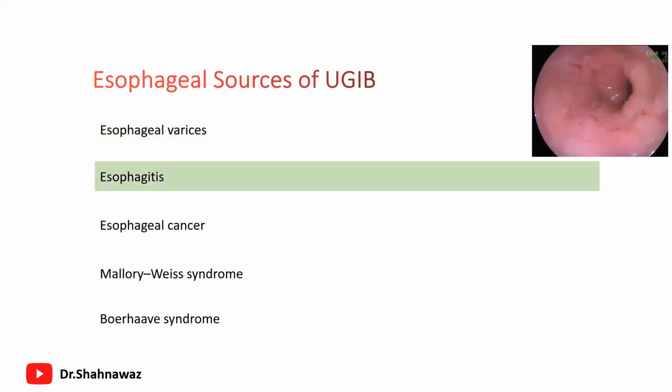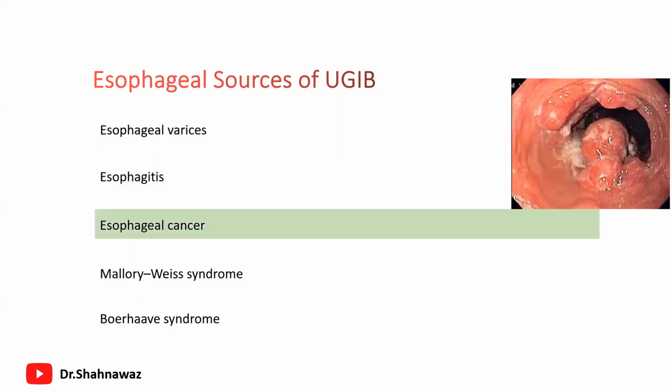As well, we see inflammation of the esophagus, which is esophagitis, and GI bleeding may be present as a complication of esophagitis. And tumors like adenocarcinoma or squamous cell carcinoma in the esophagus may result in upper GI bleeding.